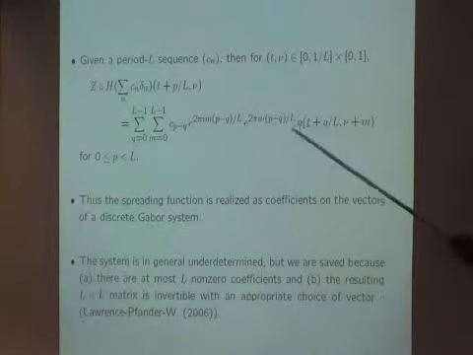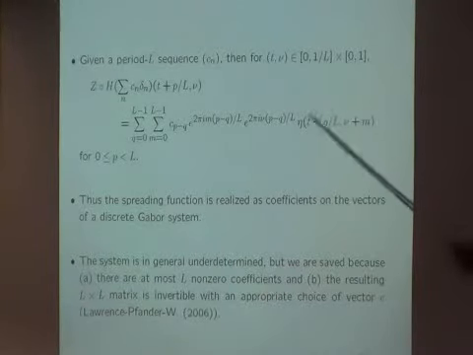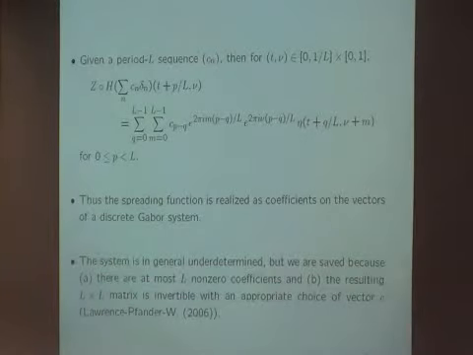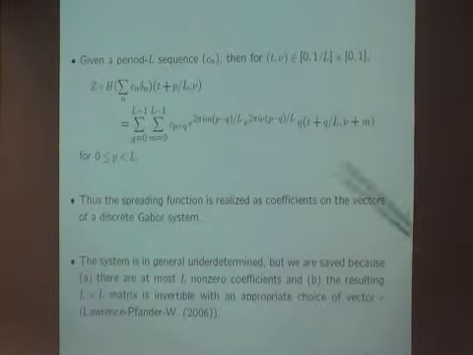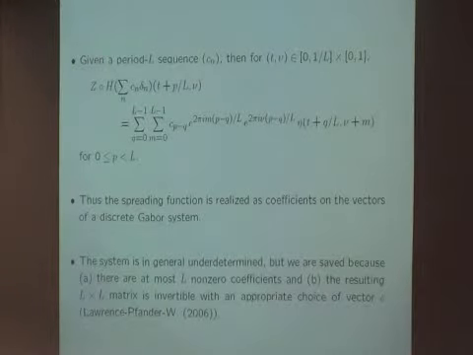All right, so the bottom line is that if I restrict to this rectangle, I can view my spreading function as coefficients attached to a collection of L-squared Gabor vectors in C^L.